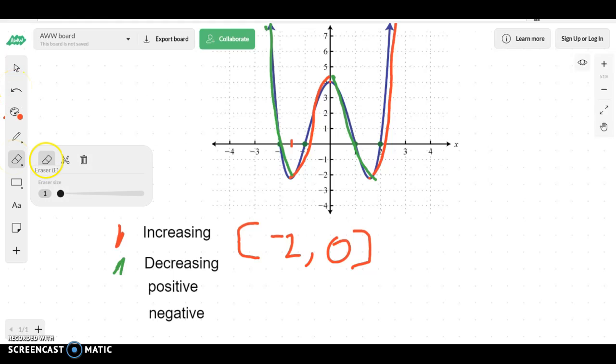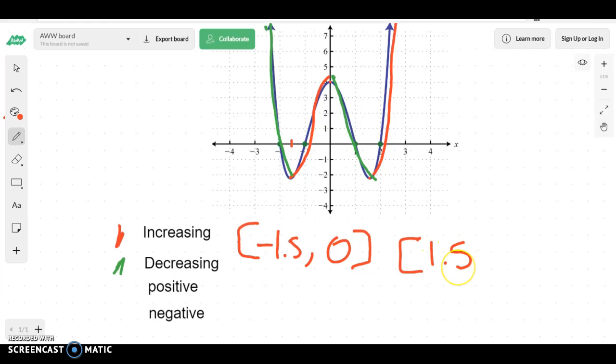It would actually be at -1.5. So this one would start increasing at +1.5. Again, we're taking this from that x-axis and going all the way up to infinity.